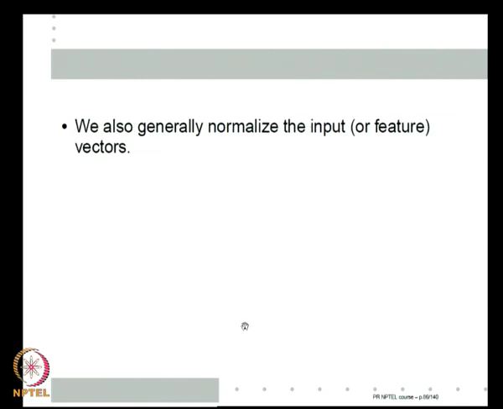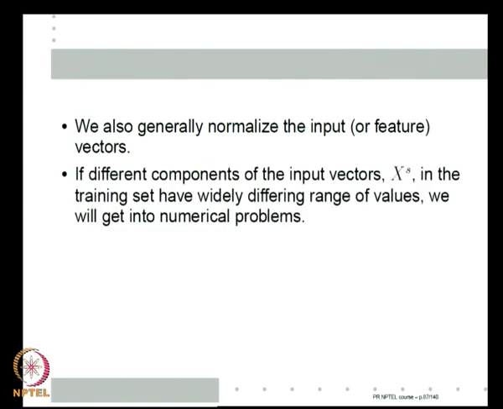Another thing that is often needed is to normalize the inputs or the feature vectors. Why? Different components of the input vector x may have very widely differing ranges of values. So, if one component goes from 0.1 to 0.2, another component goes from 1 to 10,000, then ultimately you take these inputs, multiply by weights and add them, and I get into all kinds of numerical problems.